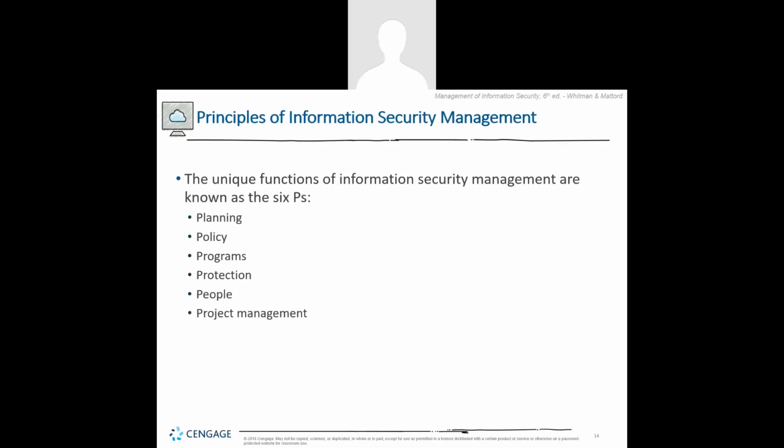And project management is overseeing specific security efforts. So keep in mind that information security is a shared responsibility across multiple domains. It does require collaboration, leadership, and strategic planning. When you understand these foundational concepts, this helps you to address both current and emerging challenges in the information security field.